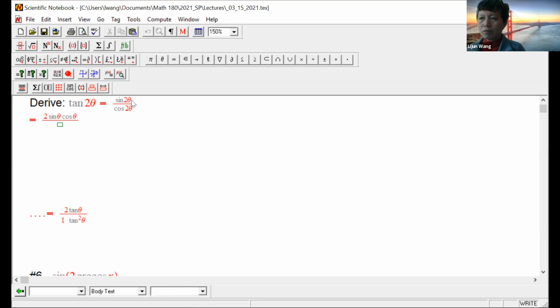Sine 2 theta has a formula in the chart, right? Cosine 2 theta, there are 3 formulas for cosine 2 theta. You can use any one of them. Okay. So suppose I'm using cosine square theta minus sine square theta. I'm going to make it even larger, okay, for you.